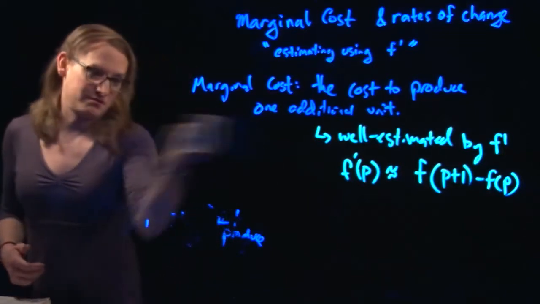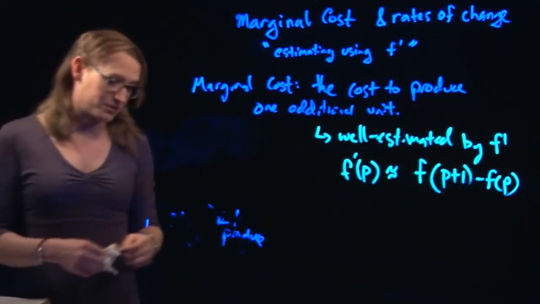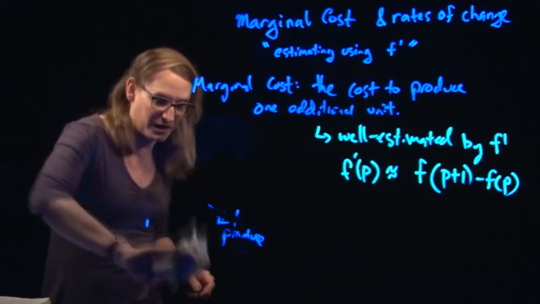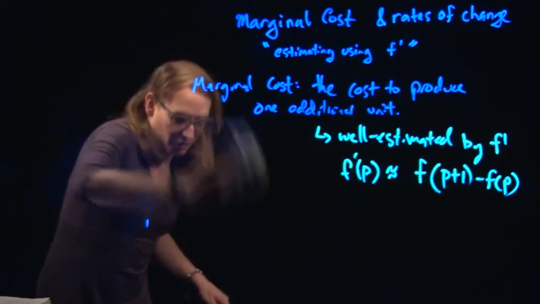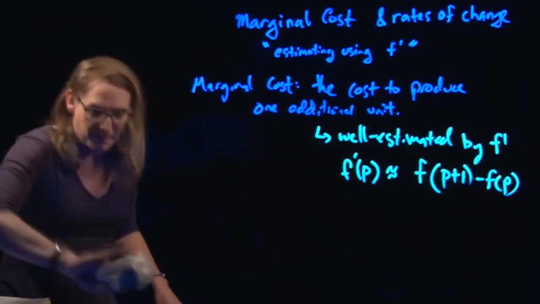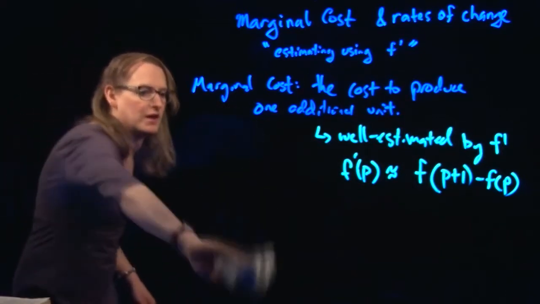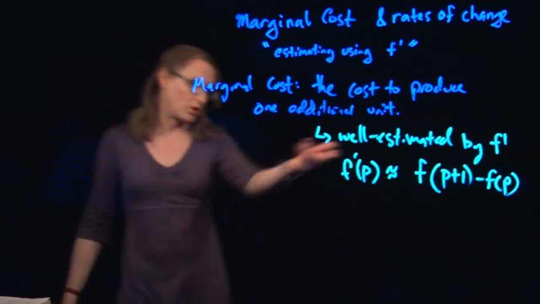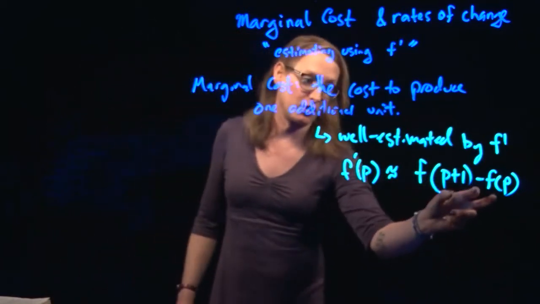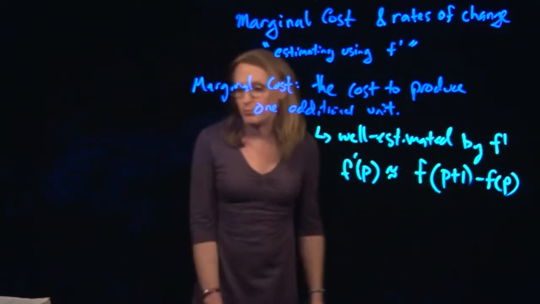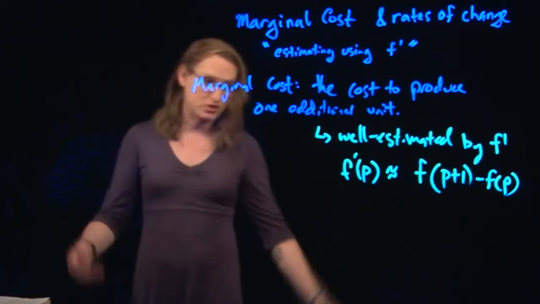We're not doing economics in this class, so this isn't a study of marginal cost per se. What we're doing is using marginal cost, the concept of how much it costs me to produce one more, to illustrate estimation by derivative, which is really powerful.